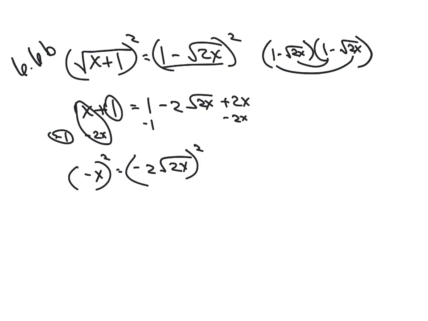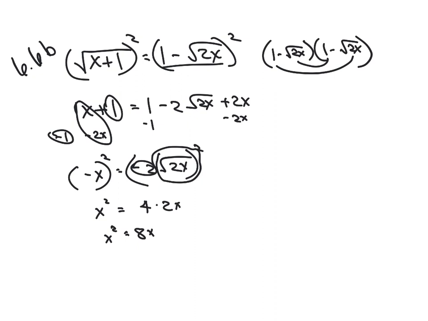So negative x times negative x is x squared, and that equals negative 2 squared, which is 4, times what we get when we square the radical, which is just 2x, because remember, the radical sign comes off. That's our goal. So now we have x squared equals 8x.